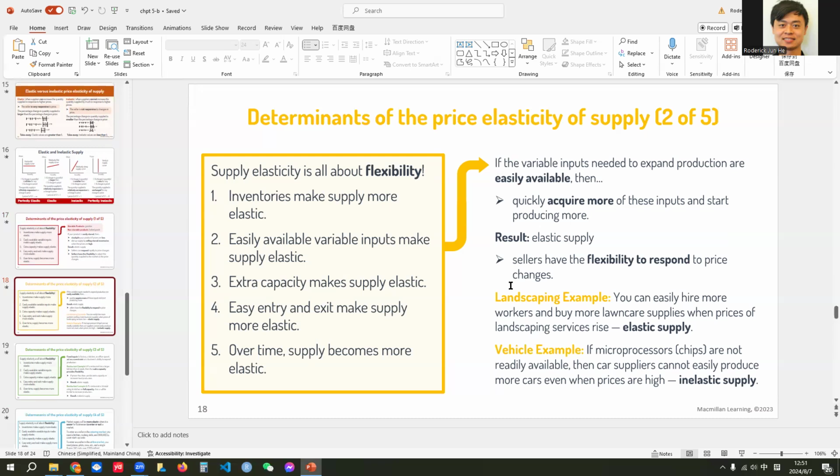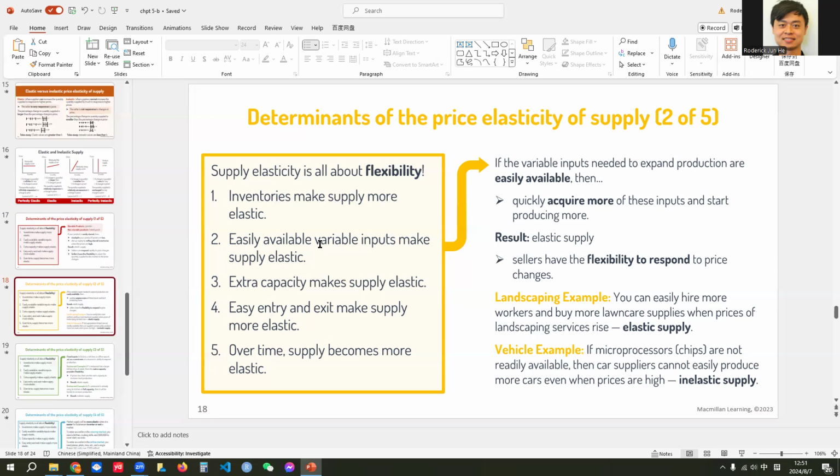So that is only doable when we have easily available inputs. If the market is just this much big, and if we encounter, for instance, some supply chain issue, that's whatever you have, right? Even though the price increased a lot, that's the best you can do. You can't change too much. You can't produce too much more in response to the high price. Then the production is inelastic, irresponsive to the price change.